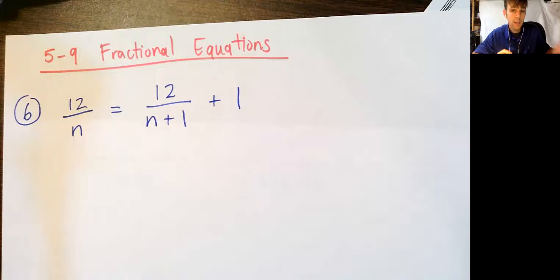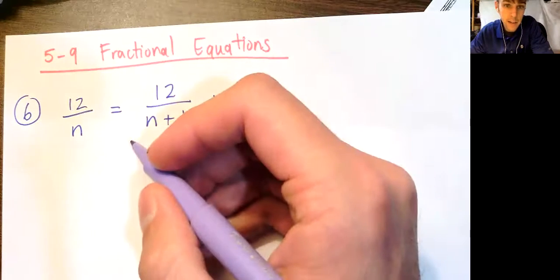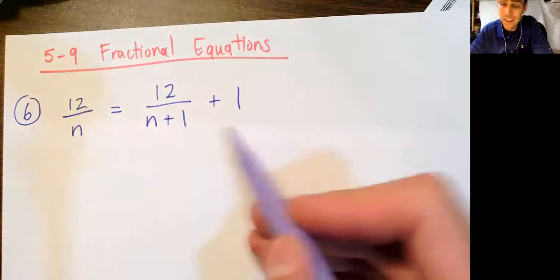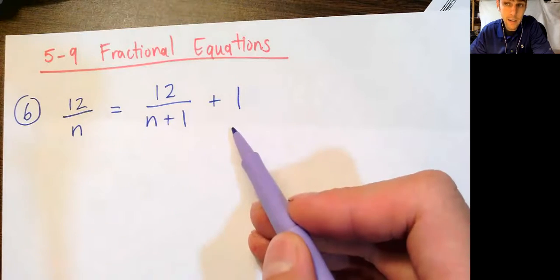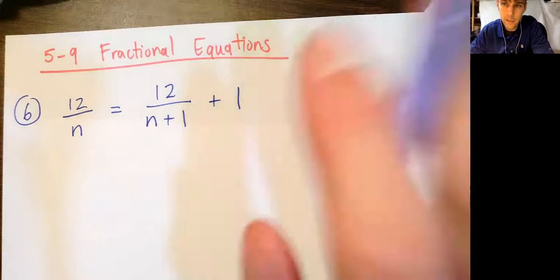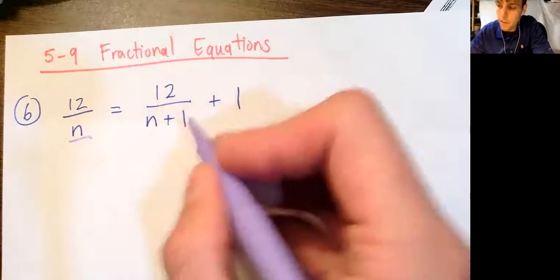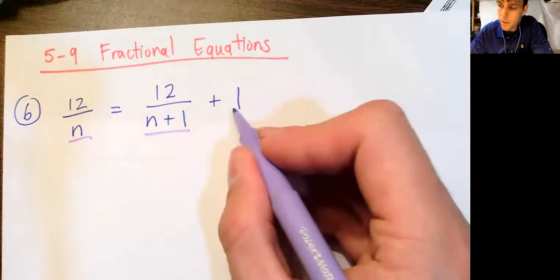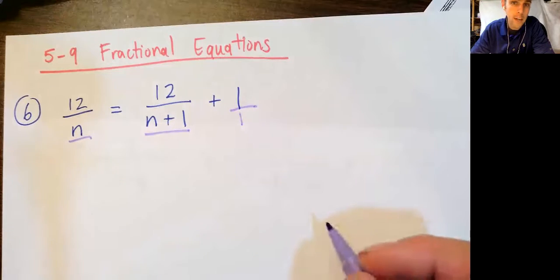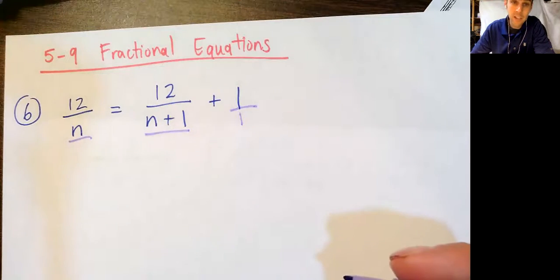So the idea is we need to examine all of our denominators, and if they're not already factored, we might need to do that. So in this case, we're fine. There's no factoring, but we examine all of our denominators, n plus 1, and really have a denominator of 1 here. We need to find an LCD.